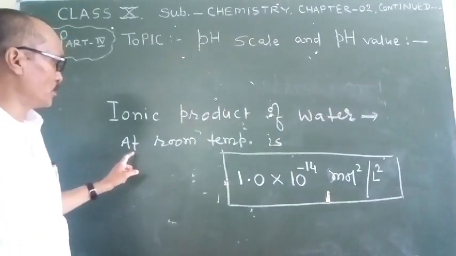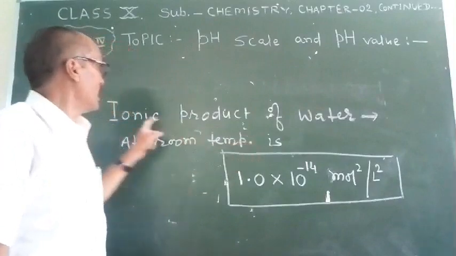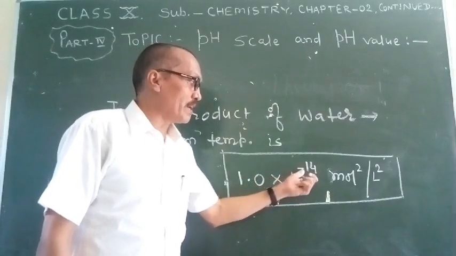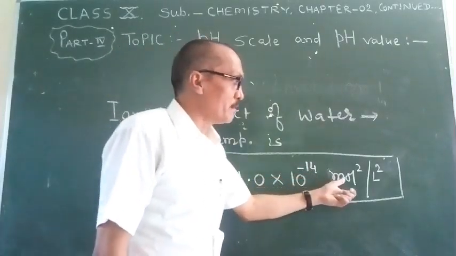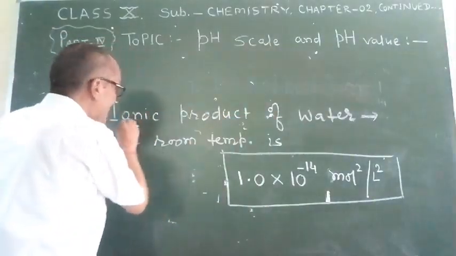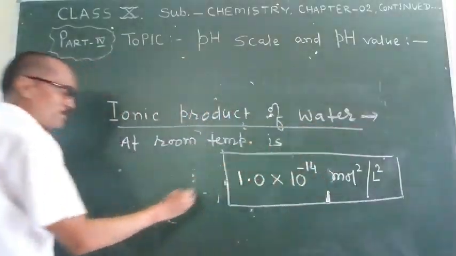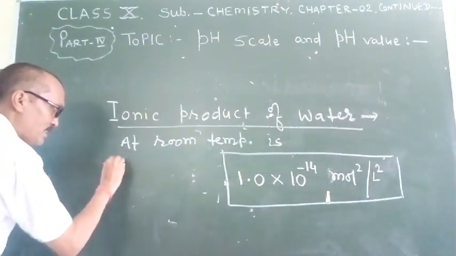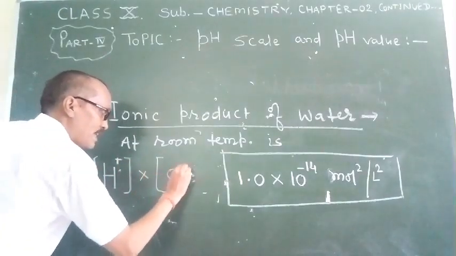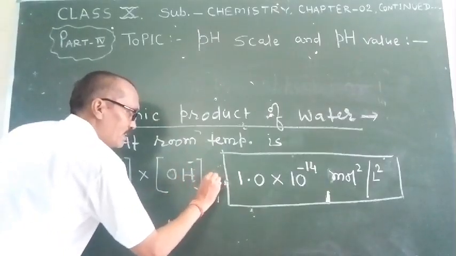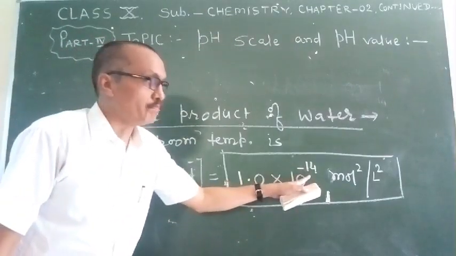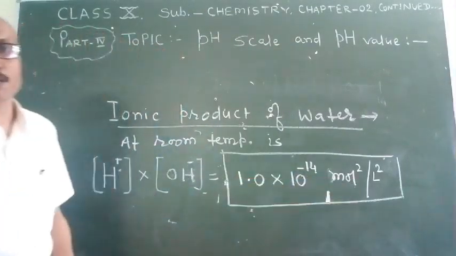You have to keep in your mind, at room temperature the ionic product of water value is 1.0 multiplied by 10 to the power minus 14 mole square per liter square. And students, this ionic product of water is expressed like this: concentration of H plus into concentration of OH minus is equal to 1.0 multiplied by 10 to the power minus 14 mole square per liter square.